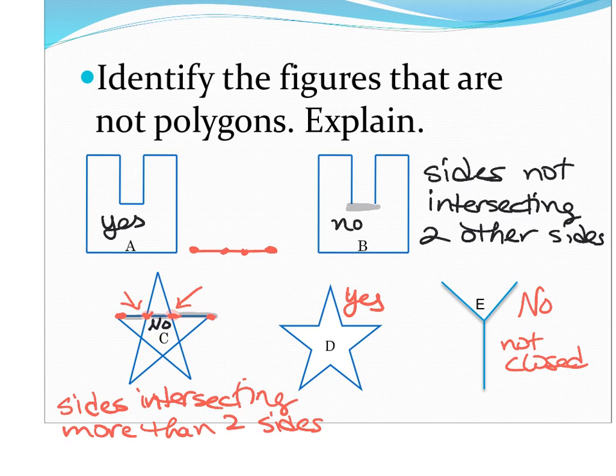You could also say sides not intersecting at both ends. So it's not a closed figure. So that would not be a polygon.